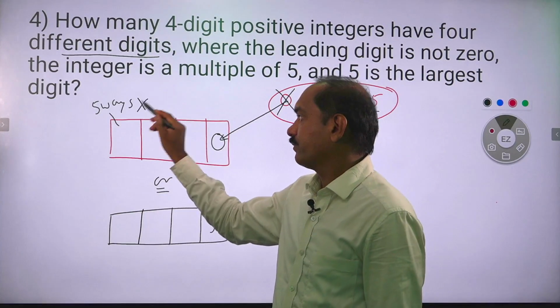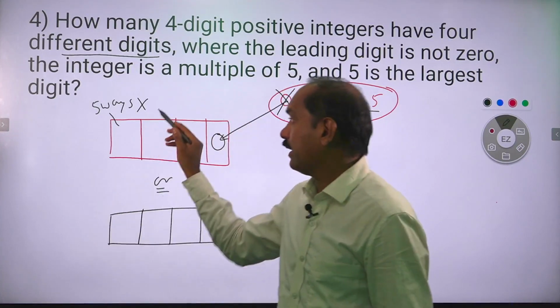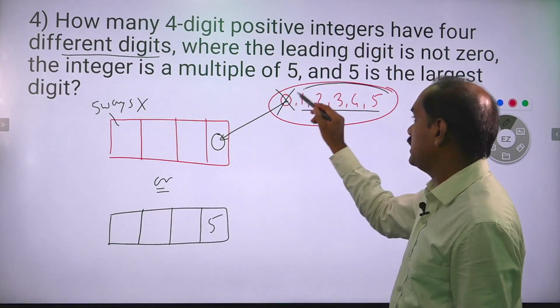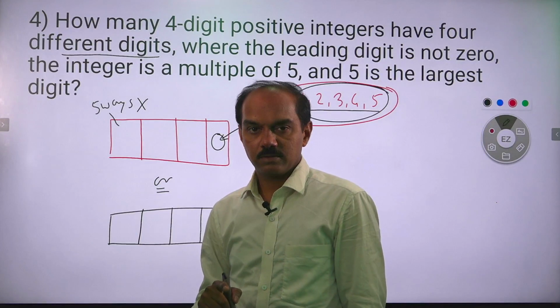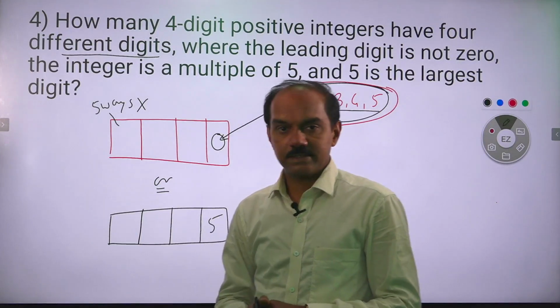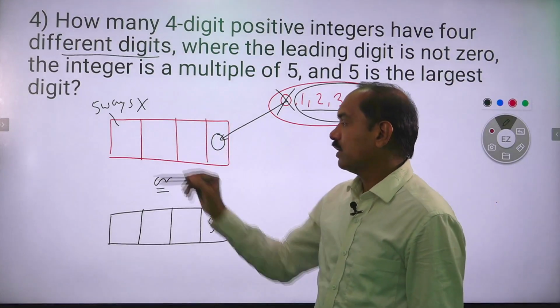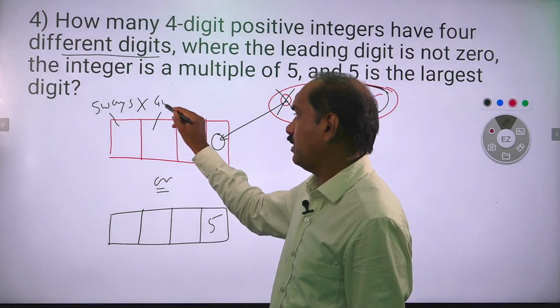And means always multiplication. After filling up this box with either of these 5 digits, you will be left with only 4 digits. Out of these 5, one is gone here. Now you are left with only 4, and any of those 4 can appear here.